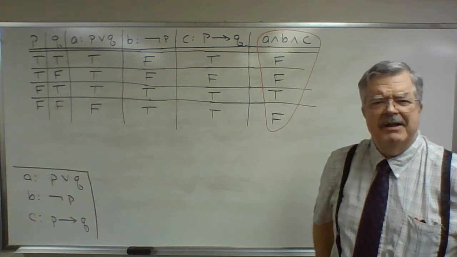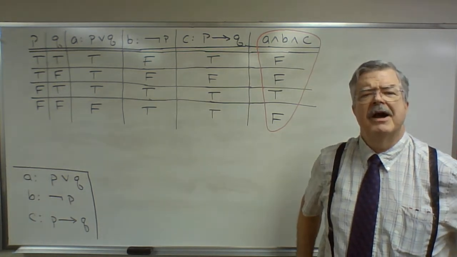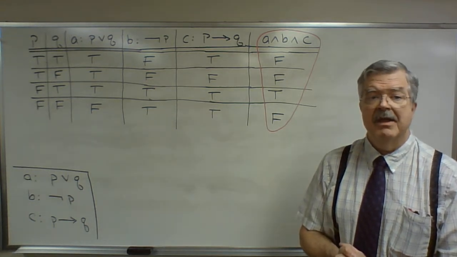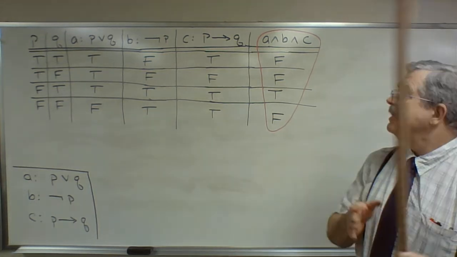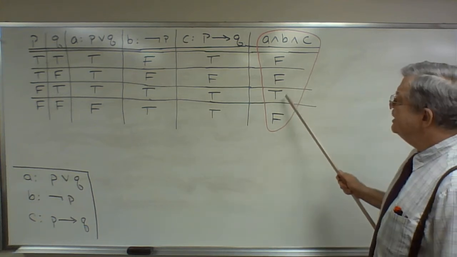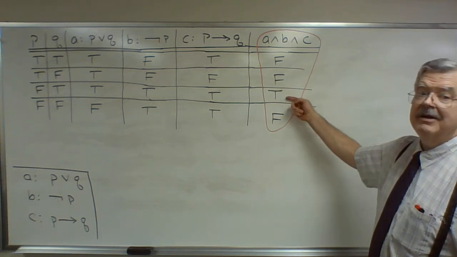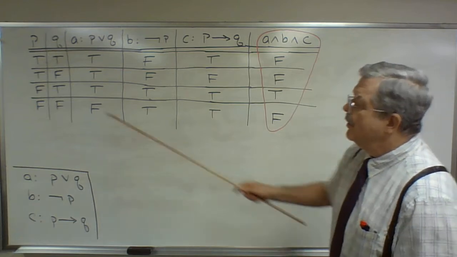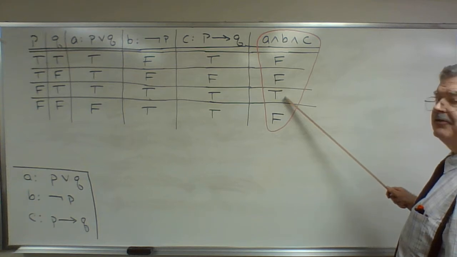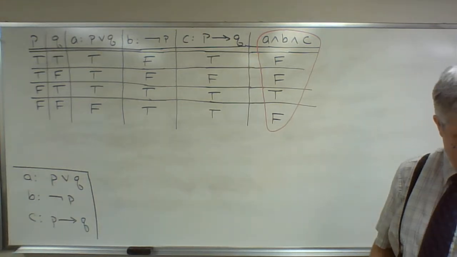Now, what were we trying to do to start off with? Weren't we trying to determine whether or not the system of conditions A, B, and C is consistent? And it's going to be consistent if the conjunction of A, B, and C is true for at least one set of truth values of P and Q. And here it is right here. When P is false and Q is true, the conjunction of A, B, and C is true, so this system is consistent.